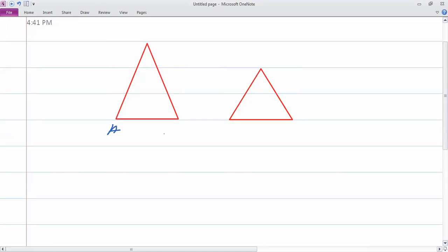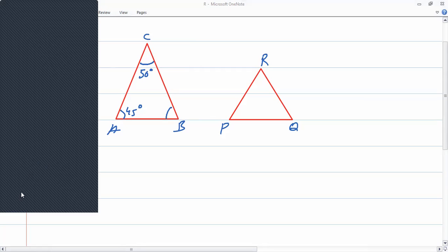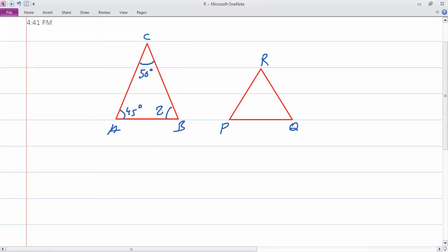Let's say this is A, B, C, and this is P, Q, and R. This angle is 45 degrees, this angle is 50 degrees, and the third angle is, let me verify, 45 plus 50 makes 95, and 180 minus 95 is 85. So let's suppose this angle is 85.